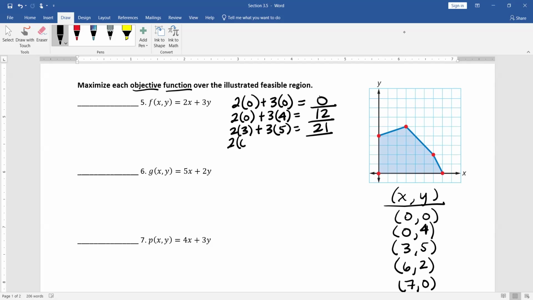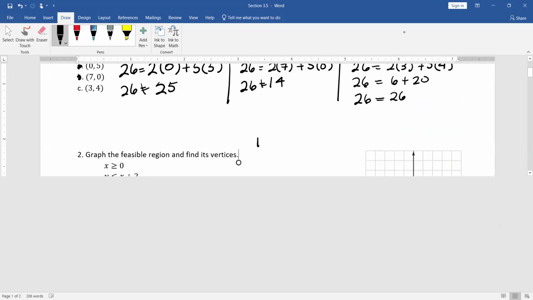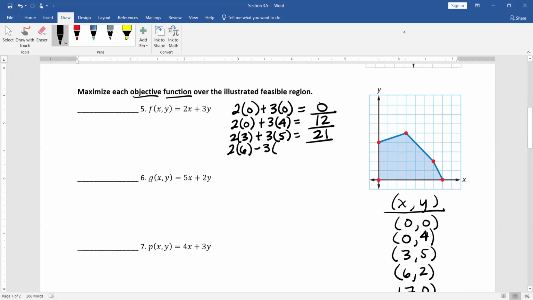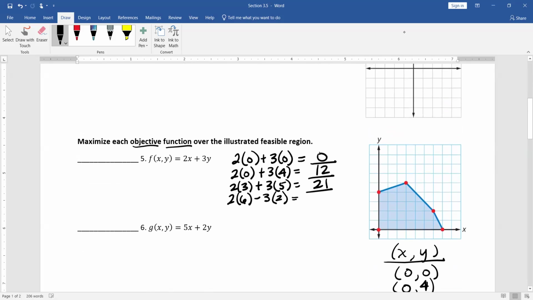2 times 6 plus 3 times 2 is 12 plus 6, which is 18.